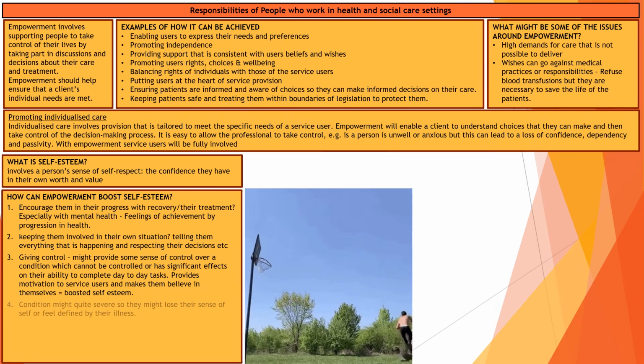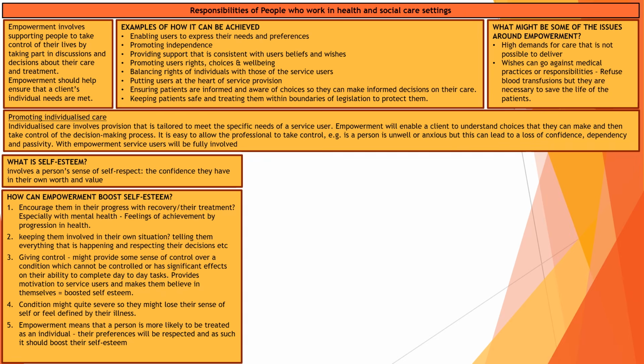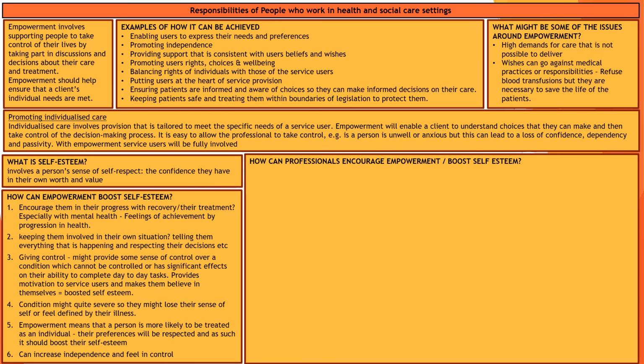They're going to feel valued and important. If their condition is quite severe, they might lose a sense of identity. So by letting them have some control in the care plan, it gives them some control over their illness. And lastly, empowerment means that an individual is more likely to be treated as an individual with their preferences and values respected. And ultimately, it increases independence.